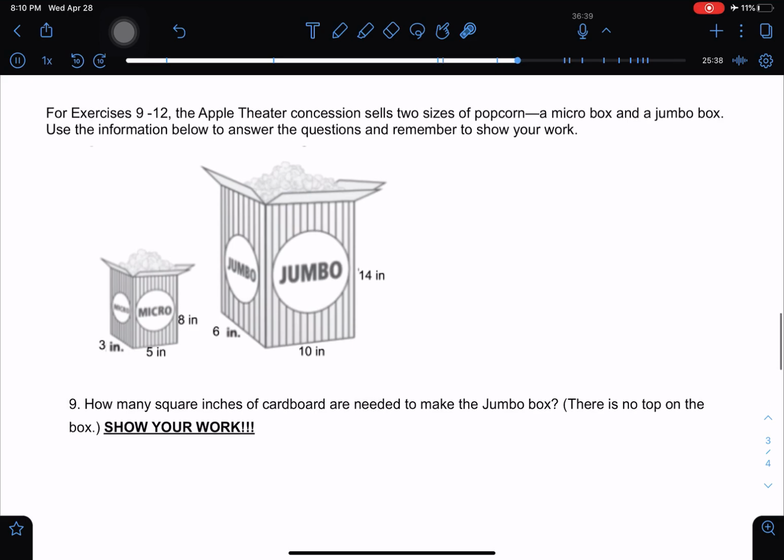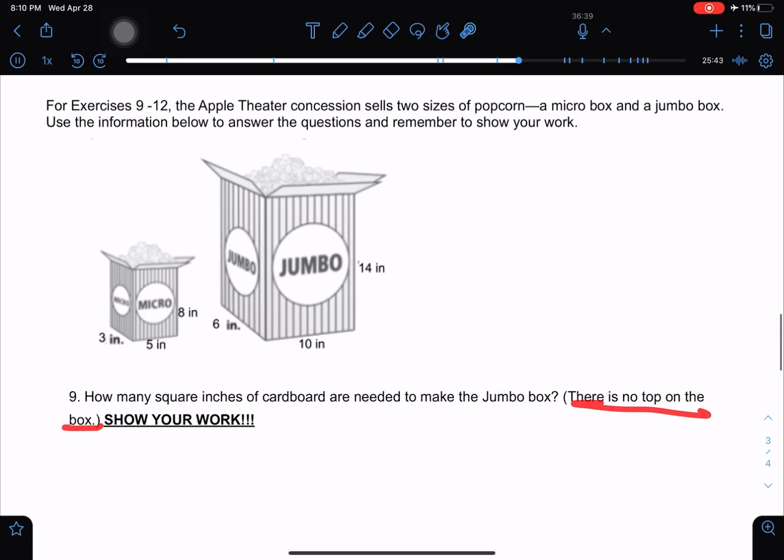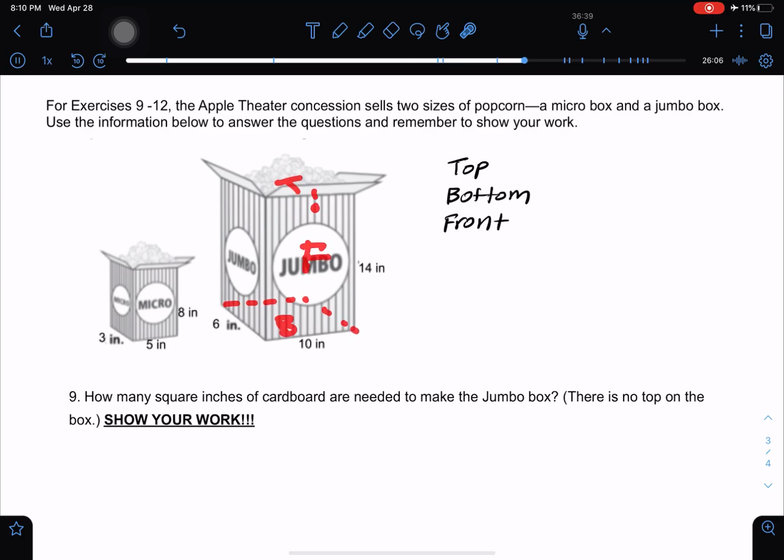It does say here that there is no top on the box, which tells us that there is one less face that we're going to have to solve for in comparison to a regular rectangular prism, right? So breaking this down, normally we have 6 faces. We usually have the top, the bottom, the front, the back, the left, and the right.